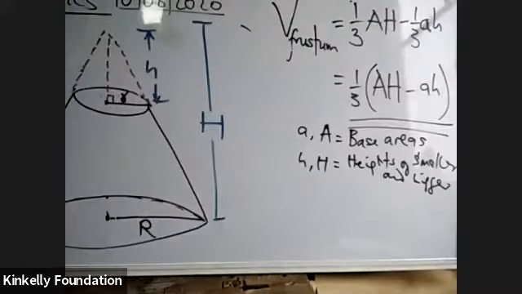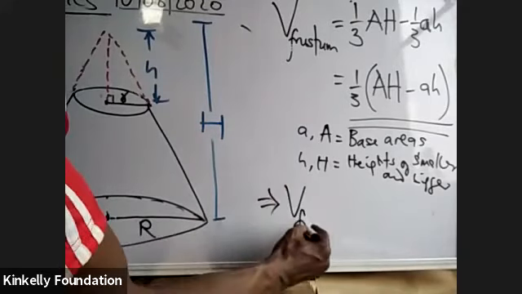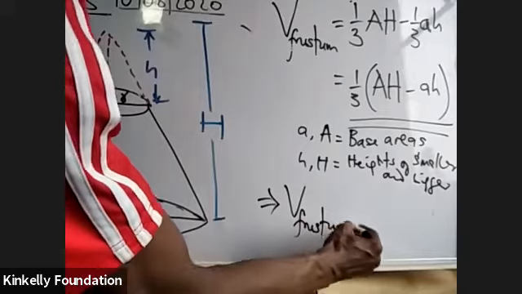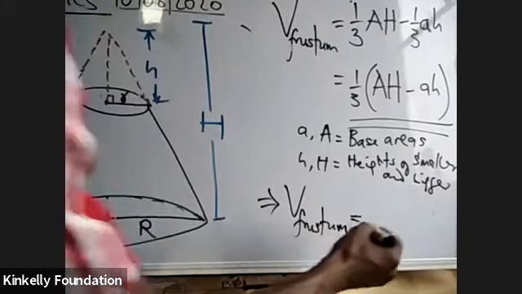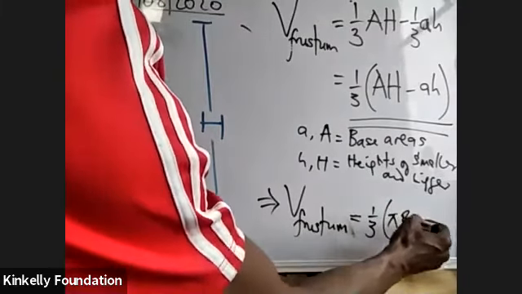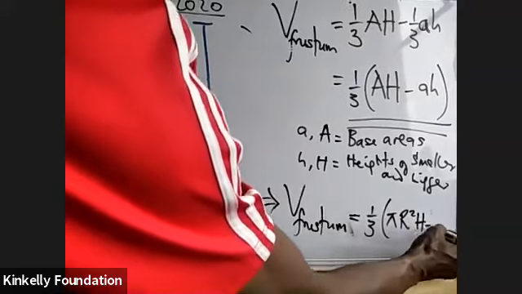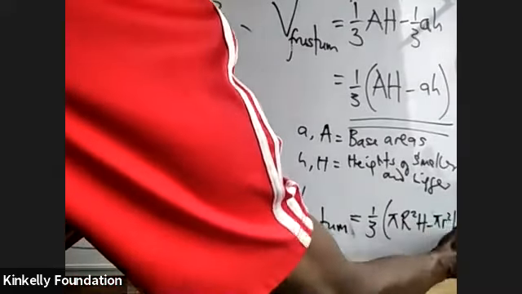So this boils down to say that the volume of the frustum of a cone is equal to 1/3 pi R squared H minus 1/3 pi r squared h.